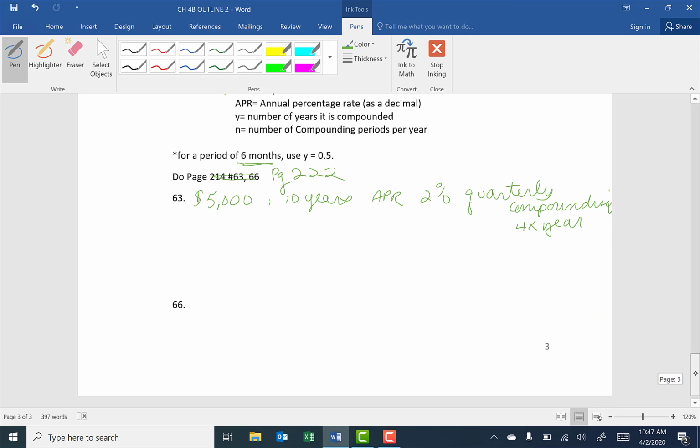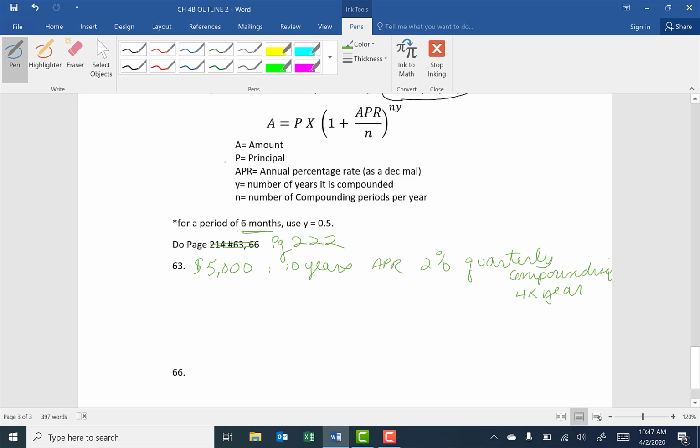Let's fill in our numbers up above. Our formula says that A, our amount, which we're trying to find, equals P, the principal, that's our $5,000, times, in parentheses, 1 plus the APR, 2%, which is 0.02, over N, the number of compoundings, which is 4.